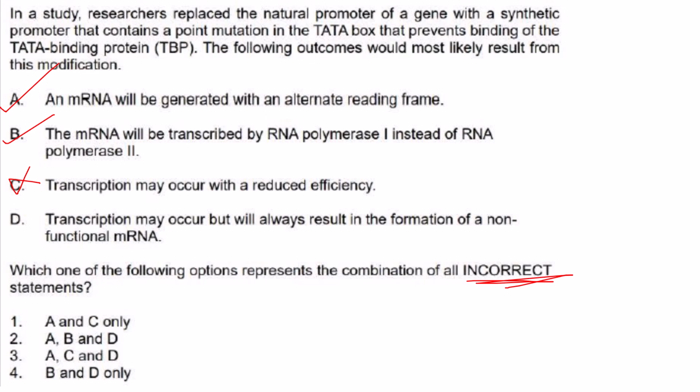So the mRNA produced will be functional, but it will be produced with reduced efficiency. That is the only problem, there is no harm with functionality. So D is also an incorrect statement, as they have asked for the incorrect statement. So A, B, D, yeah. Option 2 is the right answer.